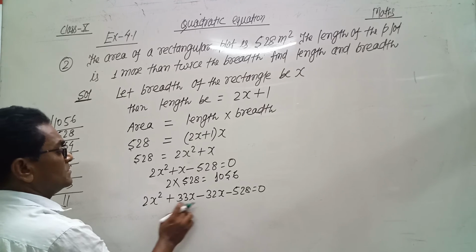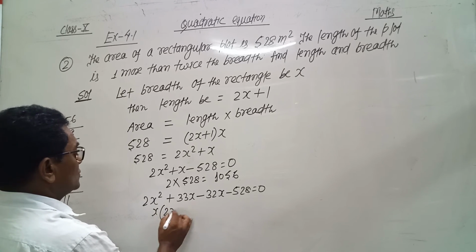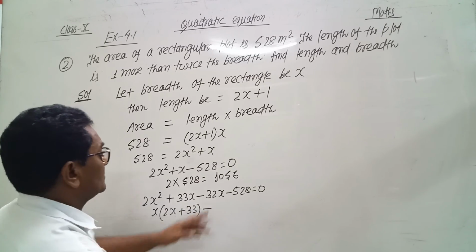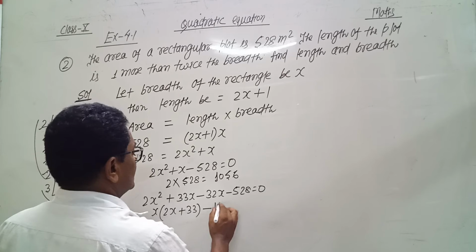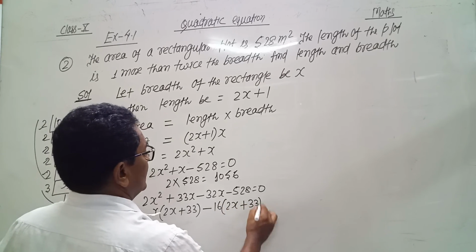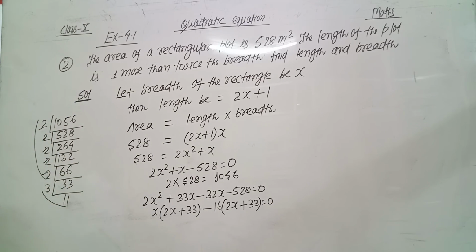From these two terms, x is common, so we get x into 2x plus 33, and from these two terms, minus 16 is common, so we get minus 16 into 2x plus 33. 33 into 16 comes to 528.